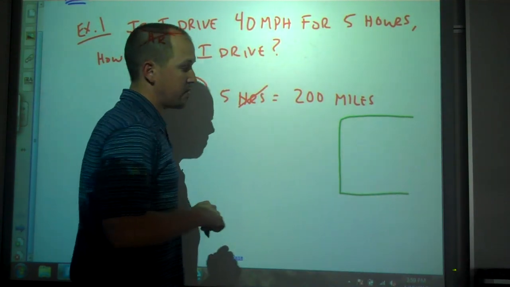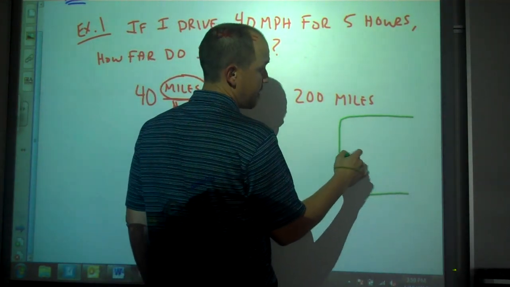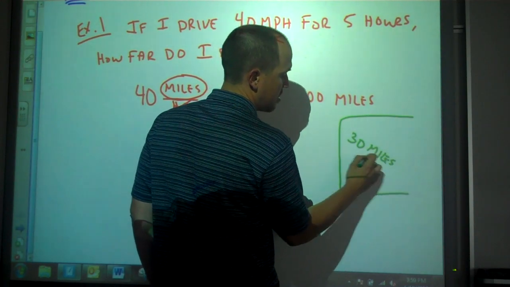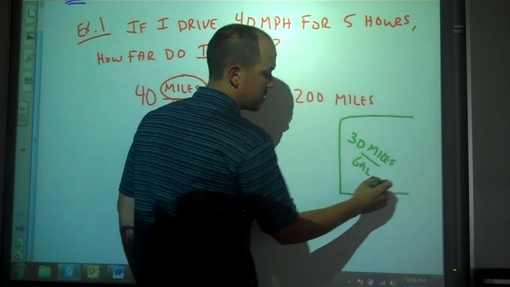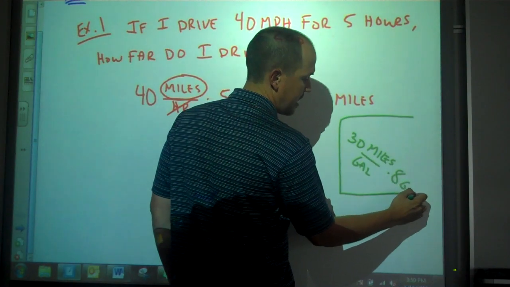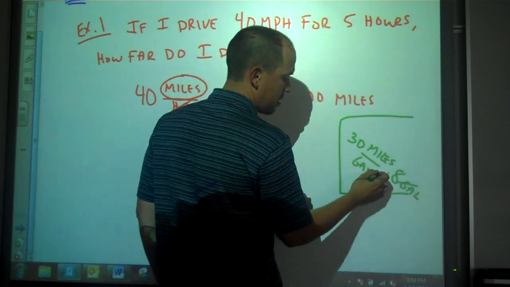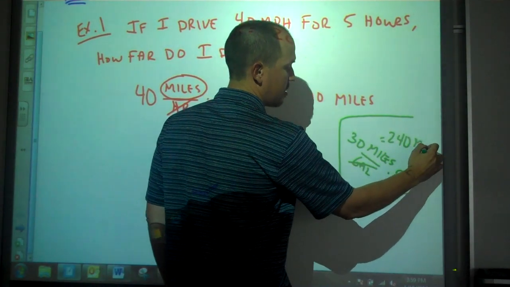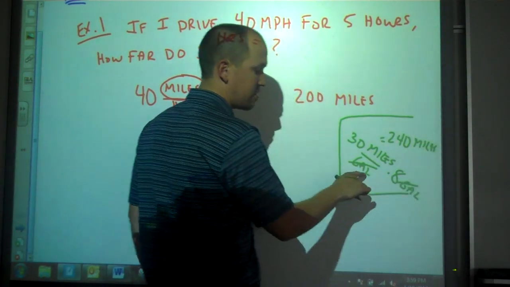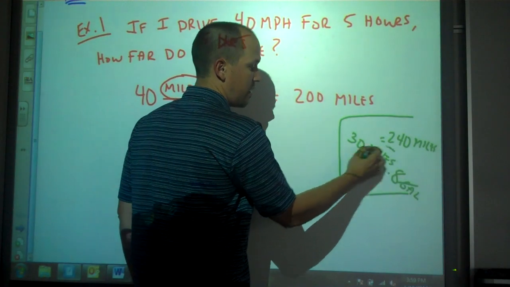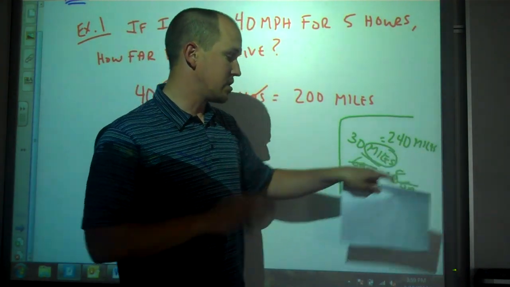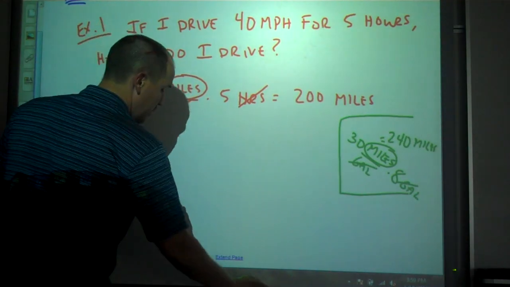Side note, you don't have to write this down. If I get 30 miles per gallon of gas and I use 8 gallons of gas, that's going to equal 240 miles, because the gallons cancel out. I'm left with miles, and that's the units on my answer. All right. Anyway, moving on.